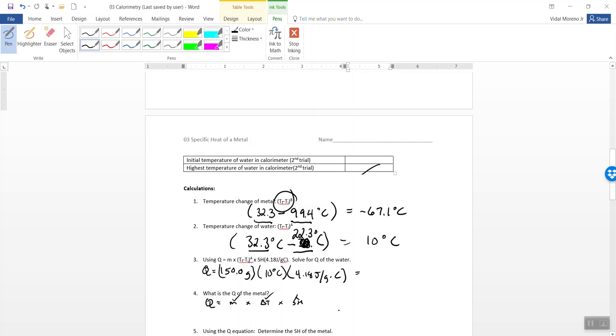All right. Calculate. 6,270. And since it's joules, you need to have a positive or negative.